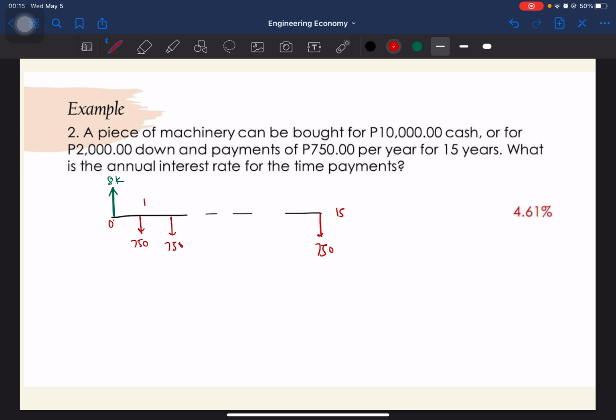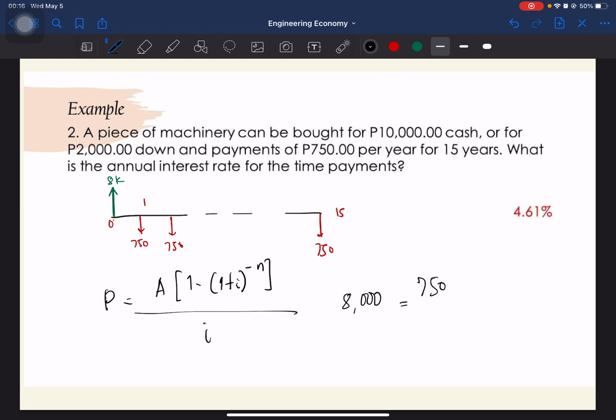Okay, so interest rate ang hinahanap. You have the present worth and this is the formula that we will be using. Present worth na kailangan bayaran is 8,000 pesos. Annuity is 750.